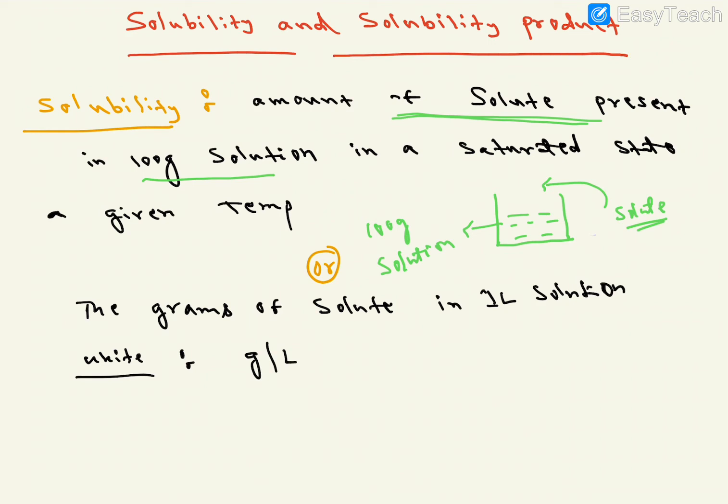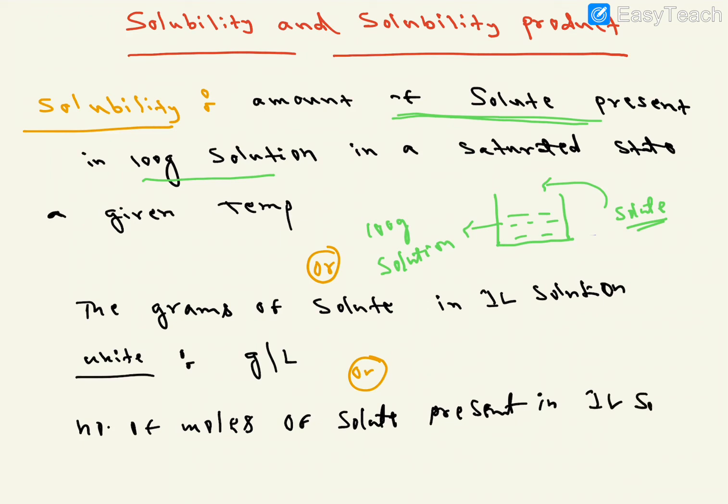The solute can also be represented in terms of moles. So what is the definition here? The number of moles of solute present in 1 liter of solution is also known as solubility.